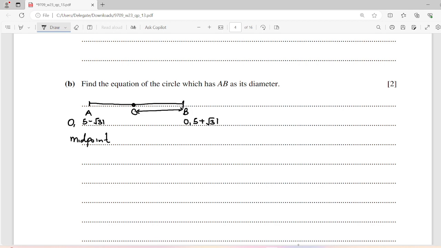So I will get 0 plus 0 divided by 2, then 5 minus root of 31 plus 5 plus root of 31 divided by 2. So I end up having 0, root of 31 goes, I end up having 10 divided by 2, which is 5. So this is my midpoint, which is the center.